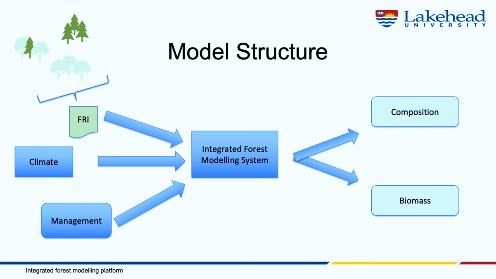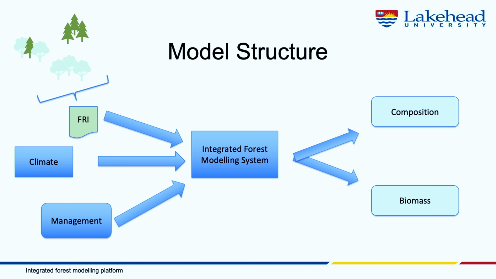Combined with this data, we take historical climate data from a lot of monitoring stations across the country, and we combine it with a lot of the management plans that have already been drafted. Together, we're able to make a digital reconstruction of what the forested landscape looks like in our modeling sphere. So we take all these inputs and we crunch them together in the integrated forest modeling system.